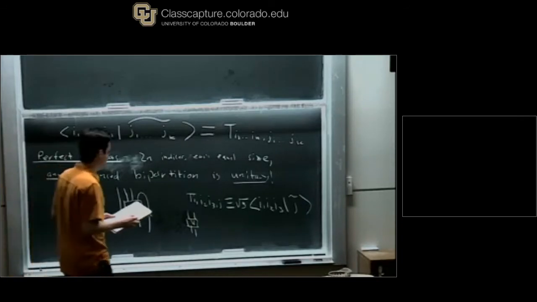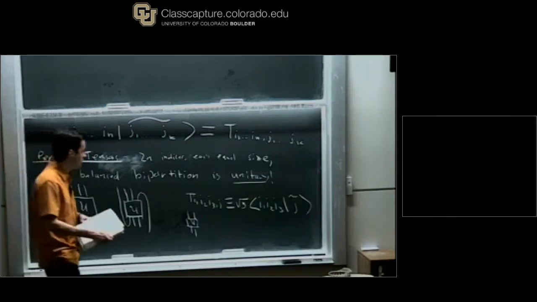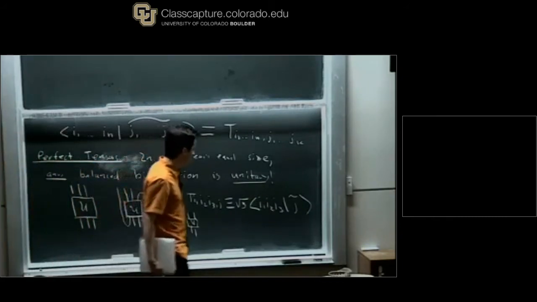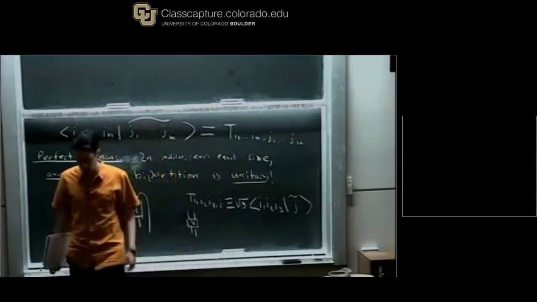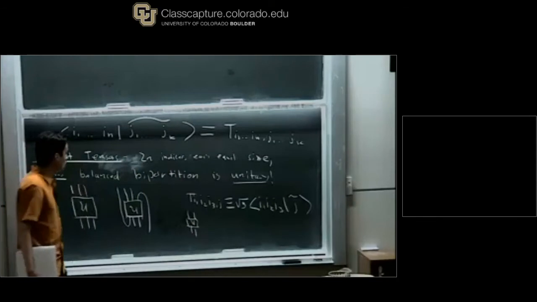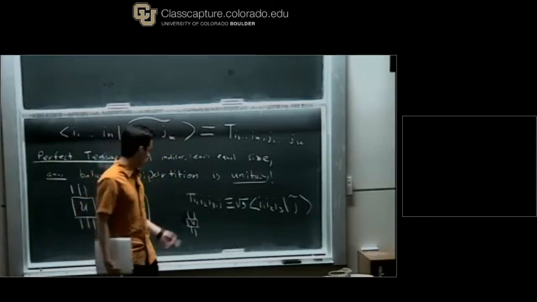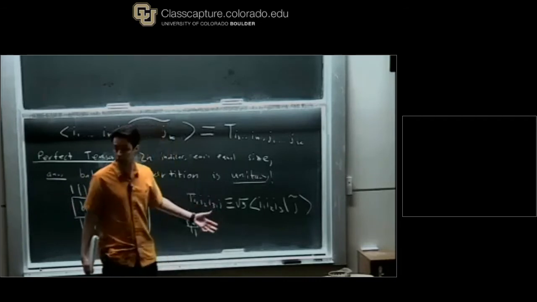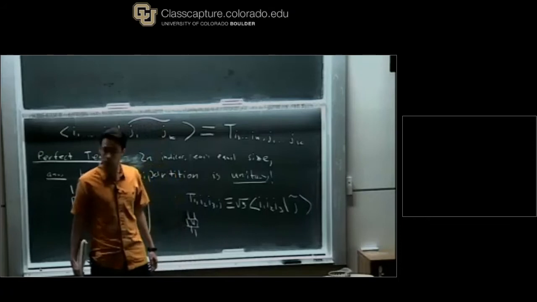Now, today I'm going to use a slightly different perfect tensor. So you may recall yesterday I mentioned that with qubits I could encode 1 qubit into 3 and recover from the erasure of 1 qubit. I also mentioned that with qubits you can encode 1 qubit into 5 qubits and then recover from the erasure of any 2 of the qubits.